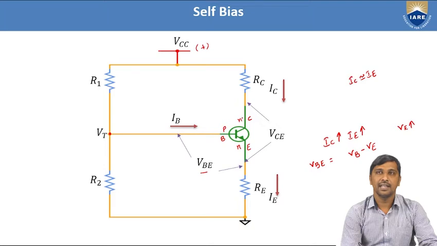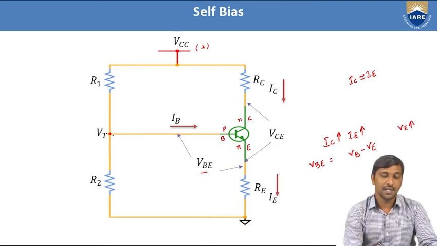When this N-type material is biased with the positive terminal of the battery, this particular junction acts as reverse biased. So with this biasing and the voltage divider network, the input junction, the emitter base junction, is forward biased and the collector base junction is reverse biased.